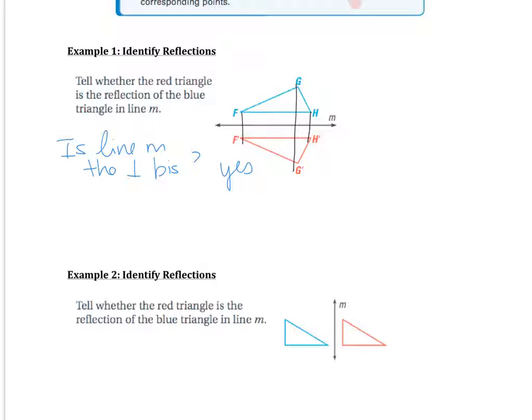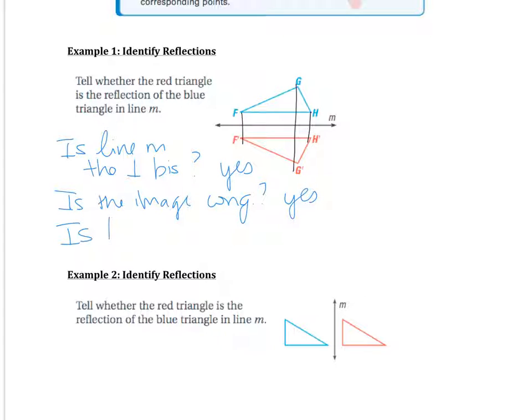The other is, is the image congruent? And that's a yes. They're the same size, same shape.